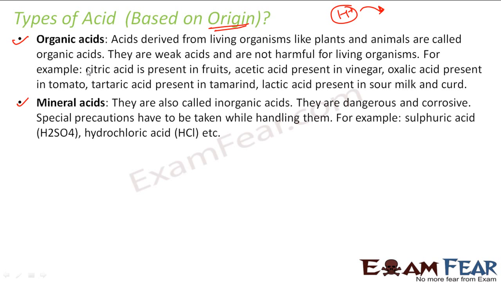Organic acids are derived from living organisms like plants and animals. They are generally weak acids and not harmful. For example, from lemon we get citric acid, in fruits also; acetic acid in vinegar; oxalic acid we get from tomato; tartaric acid from tamarind; lactic acid you get from milk and curd, sour milk acid.